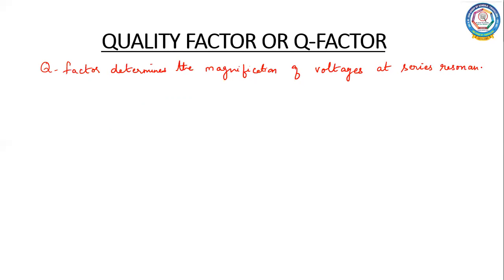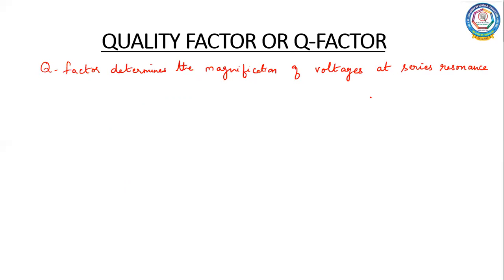So when the circuit is in electrical resonance, this Q factor determines the magnification of voltages. So how far the value of voltages has been increased, that is determined by Q factor.